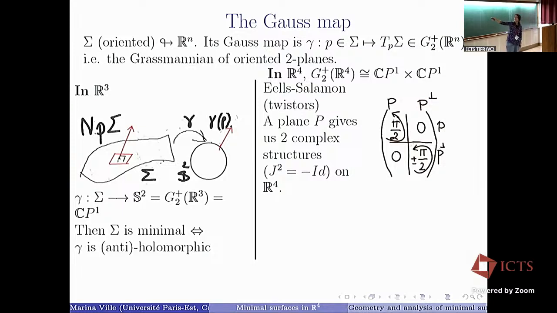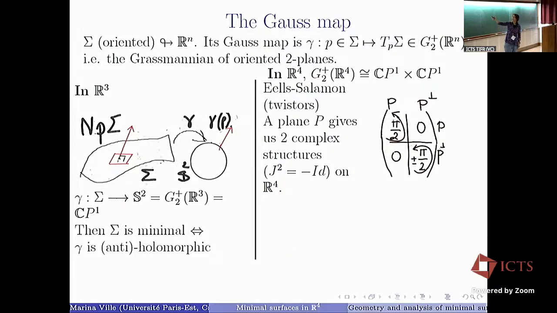We take two rotations, either pi over 2 or minus pi over 2. That gives us two elements of SO4, each of which verifies J squared is equal to minus identity. And so that's a complex structure on R4.